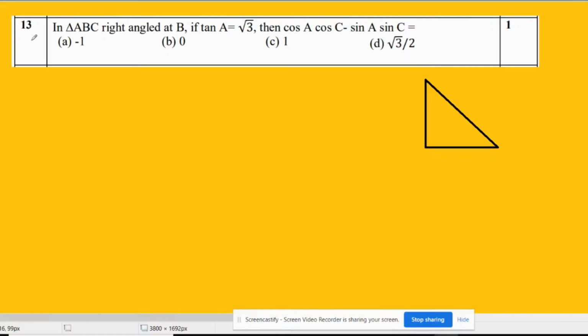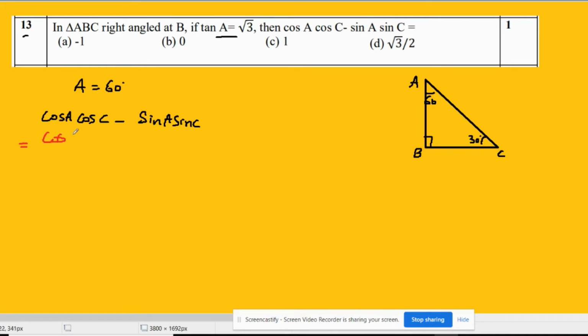Option C. 13th question, in triangle ABC, right angled at B. So ABC is a right angle triangle which is right angled at B. This will be 90 degrees. Tan A is root 3. If tan A is root 3, obviously angle A will become 60 degrees. If A is 60 degrees, angle B is 90, obviously angle C will become 30 degrees. We are going to replace angle A 60, angle C 30 in the asked question.